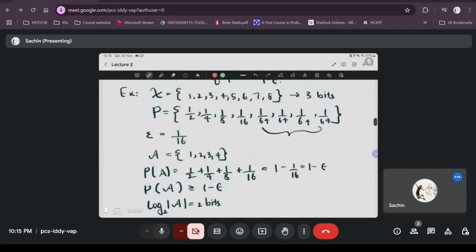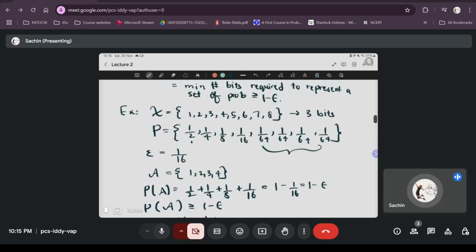Then one by one, iteratively, you add an outcome. You take a set, initially it's empty, then you add the first outcome. Check that probability. If that probability is greater than or equal to 1 minus epsilon, you stop. If it's not greater than or equal to 1 minus epsilon, you add the next outcome.